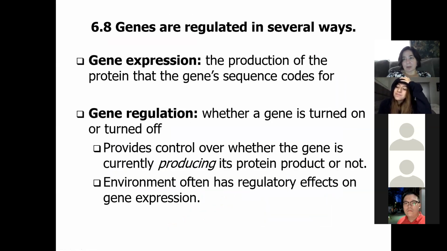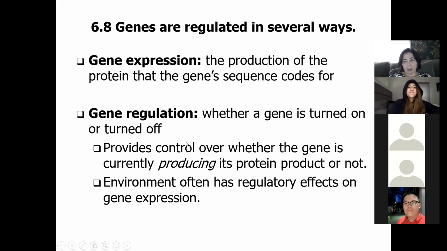Okay, there are a few more things, and then I'm going to talk about biotechnology, but as I said, I'm not going to cover the whole chapter. So gene expression, as I told you, is when the gene is active, which means it's actively transcribed and translated, right? Gene regulation is a way to turn the gene on and off.